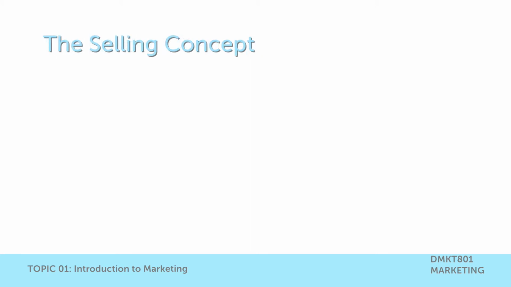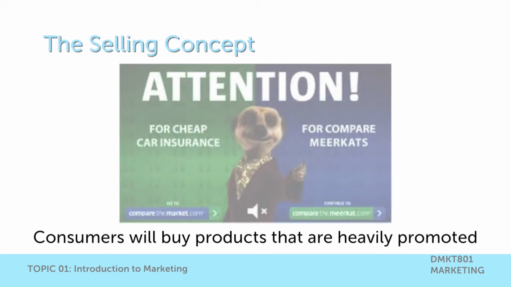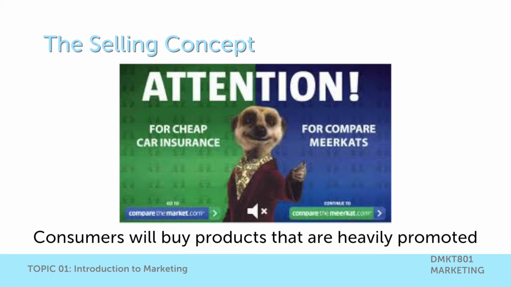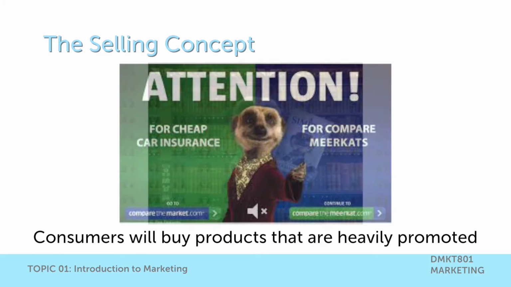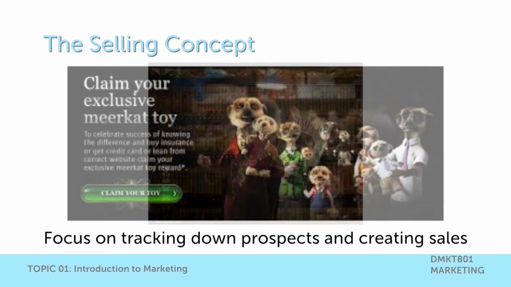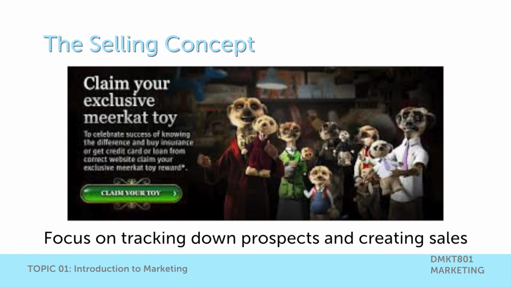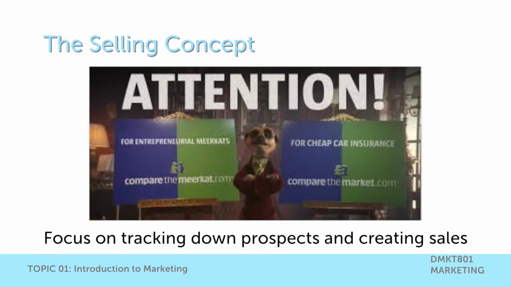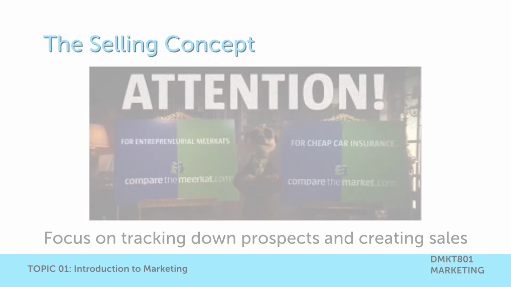Many companies follow the selling concept, which holds that consumers will not buy enough of the firm's products unless it undertakes a large-scale selling and promotion effort. The selling concept is typically practiced with unsought goods, those things that buyers do not normally think of buying, such as insurance or blood donations. These industries must be good at tracking down prospects and selling them on a product's benefits.